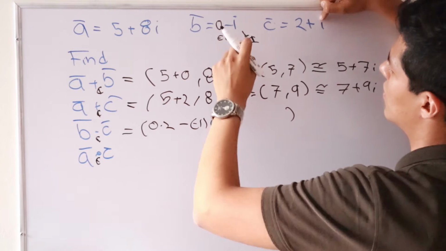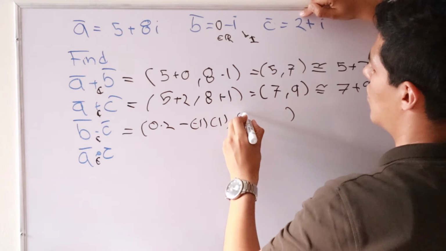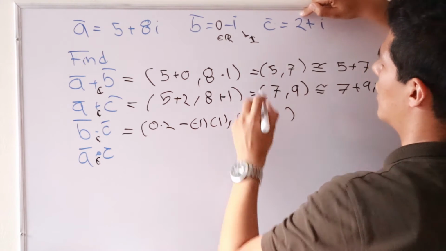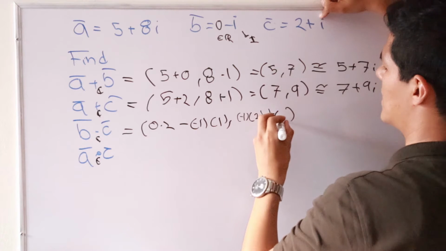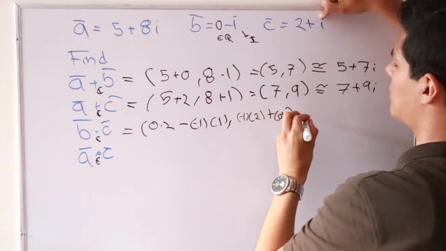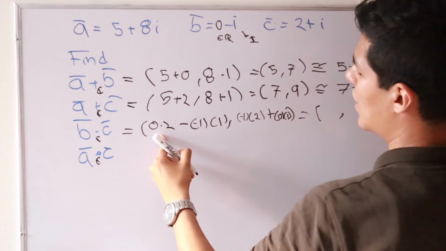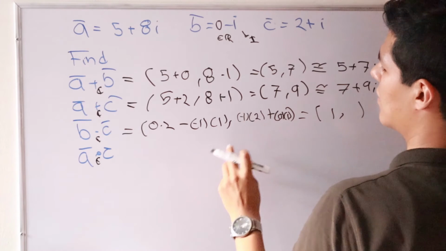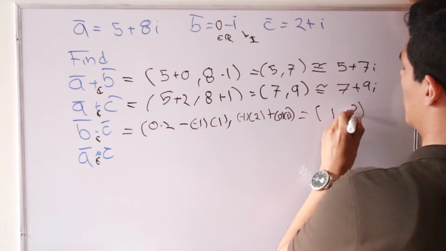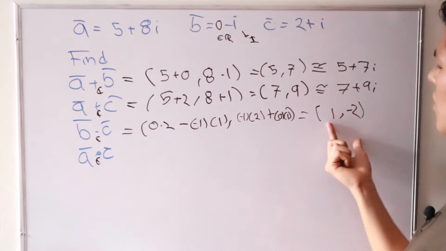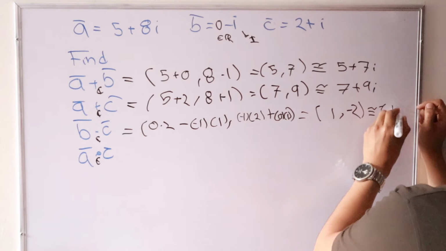On the other hand, we multiply minus 1 times 2, and add it to 0 times 1. So we have 1, and this is minus 2, and this is 0.